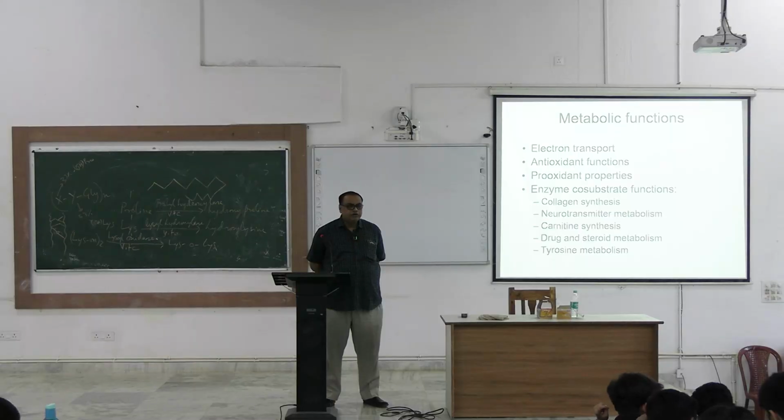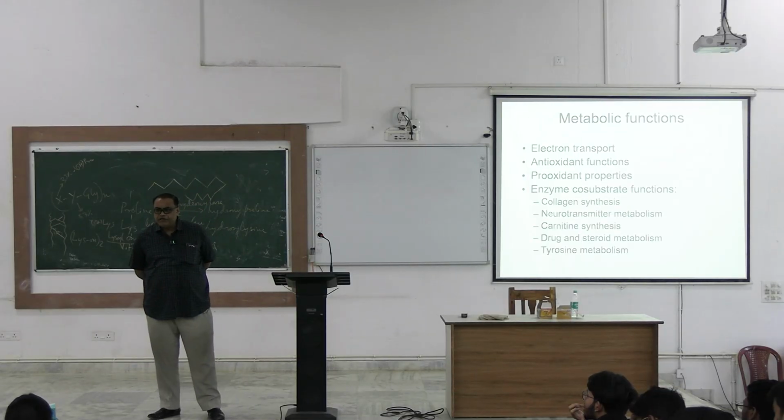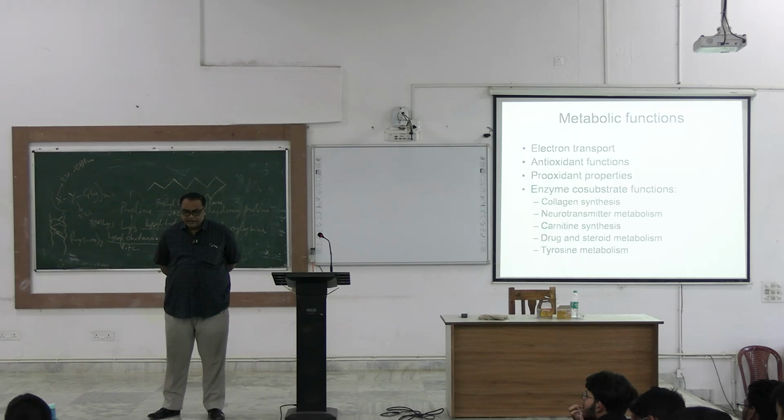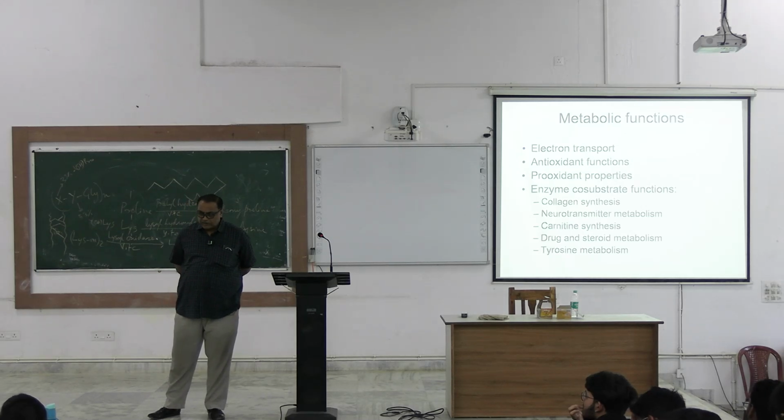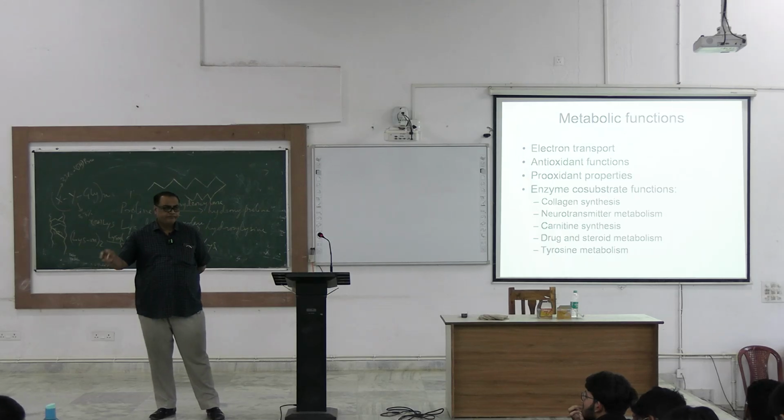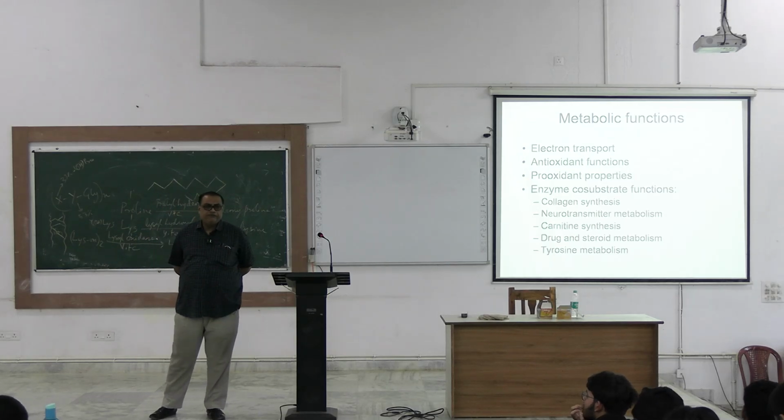একটা সবার পড়া উচিত, বলো। আরেকটা আমি বলবো। Role of carnitine, function of carnitine: transport of fatty acids during fatty acid oxidation. Correct? What is the other function? It is a food for cardiac muscle.